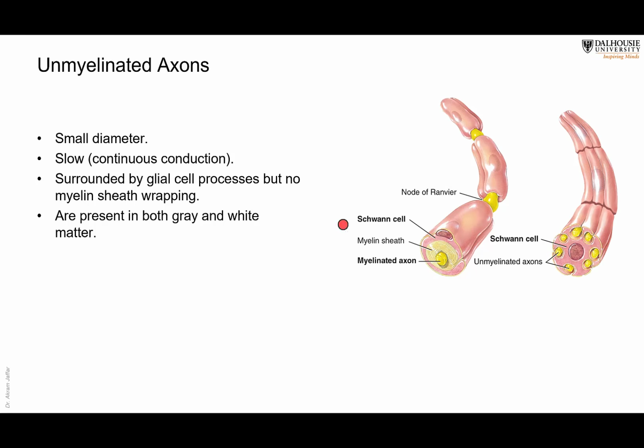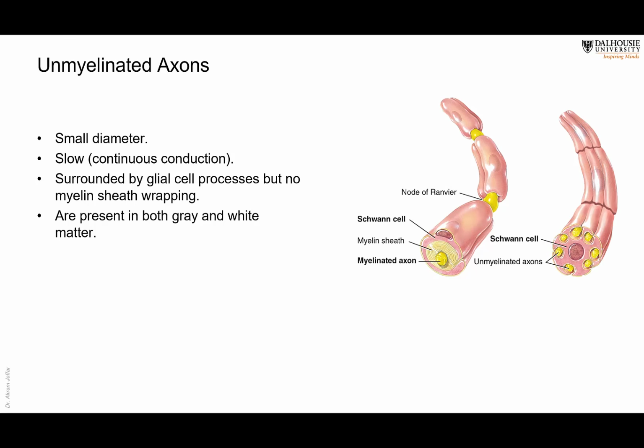So as you can see here, this is an unmyelinated axon. It's a Schwann cell just hugging or surrounding multiple axons, but it is not wrapping itself in multiple layers around it. So there is no myelin sheath.